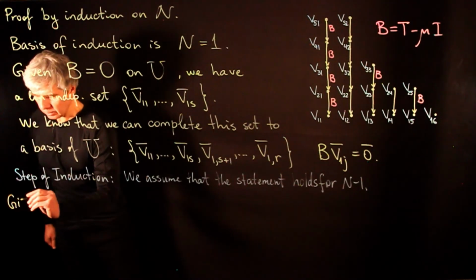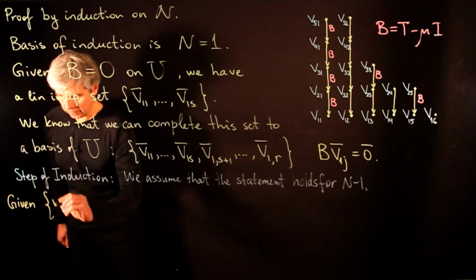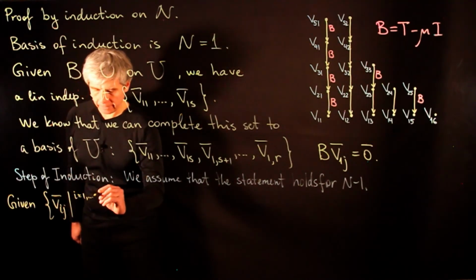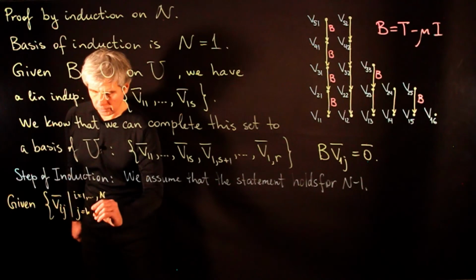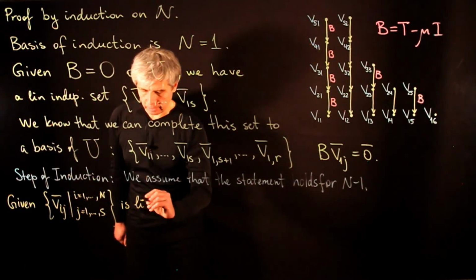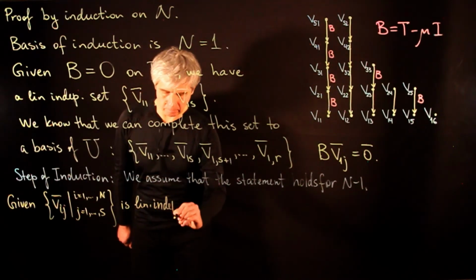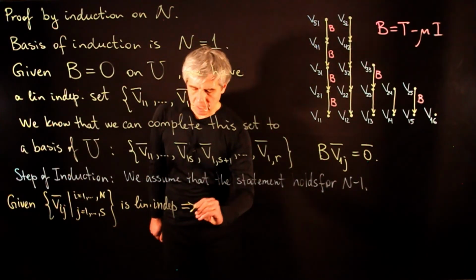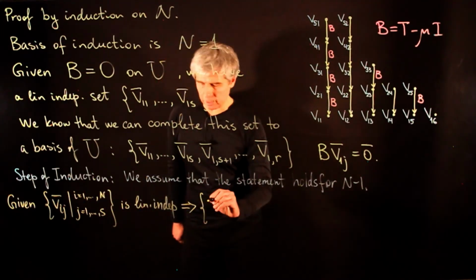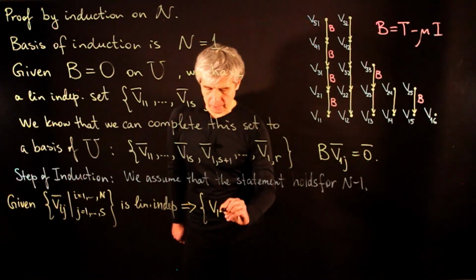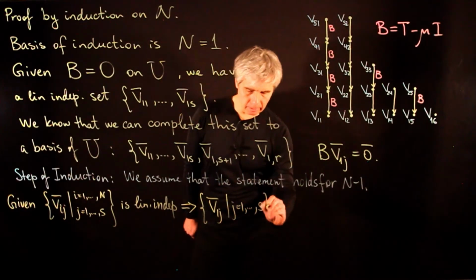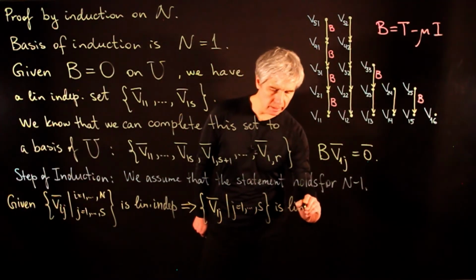So we are given that the set Vij, where I goes from 1 to n and j goes from 1 to s, is linearly independent. In particular, this means that the vectors in these strands at the bottom level are linearly independent. So we get V1j, where j goes from 1 to s, is also linearly independent.